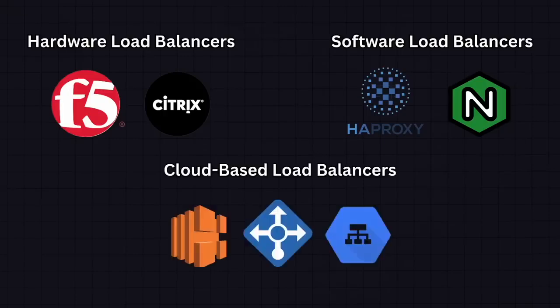And some popular cloud-based load balancers are AWS's Elastic Load Balancing, Microsoft Azure Load Balancer, or Google Cloud's Load Balancer. There are even some virtual load balancers like VMware's Advanced Load Balancer, which offers a software-defined application delivery controller that can be deployed on premises or in the cloud.